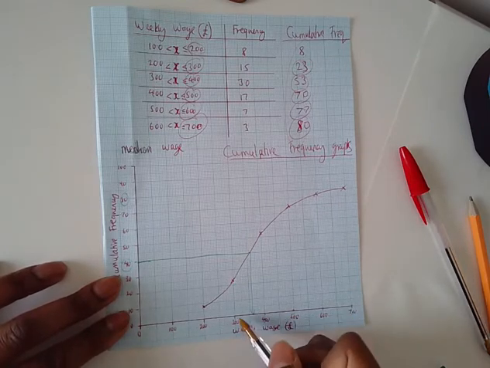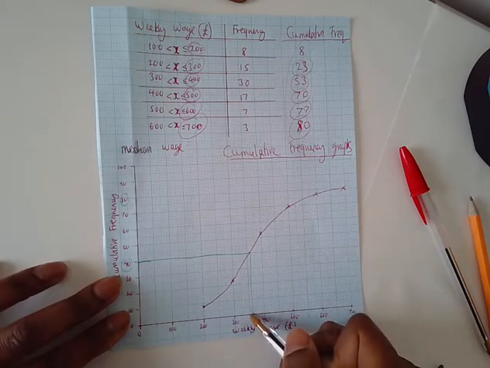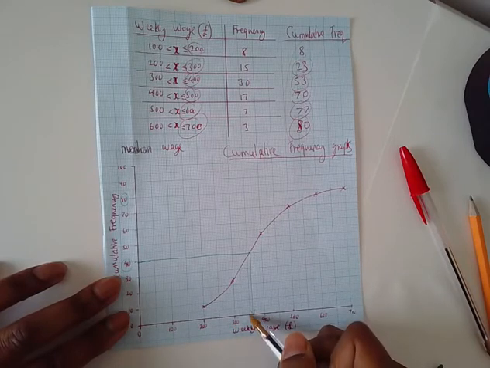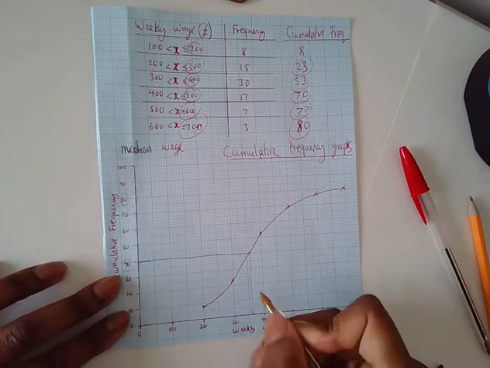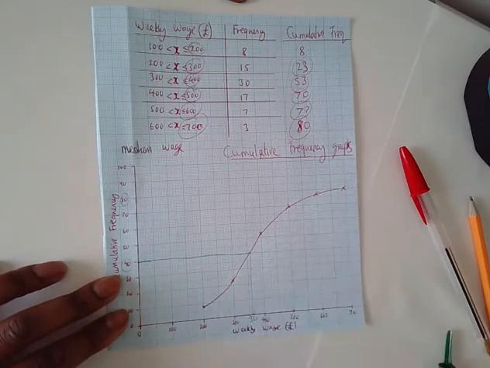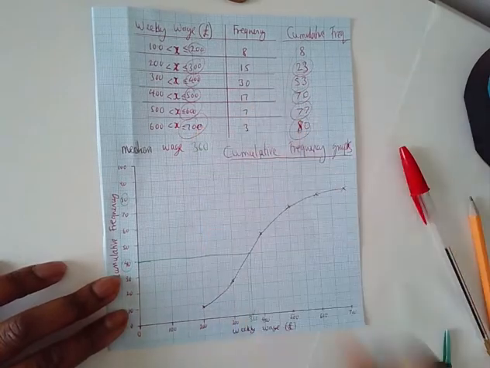So let's work out what this is. Halfway between 300 and 400 is 350, then 2 squares more, 360. So the median wage is 360.